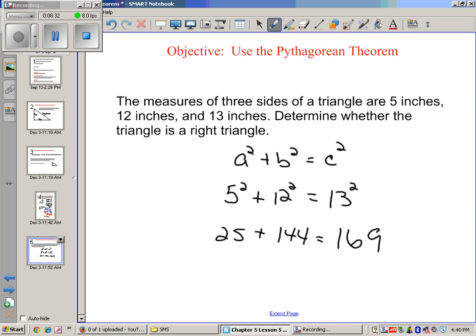Okay, let's add up our other side. 144 plus 25 gives us 169. So they do come out equal. So yes, that triangle with the measurements of 5, 12, and 13 is a right triangle.